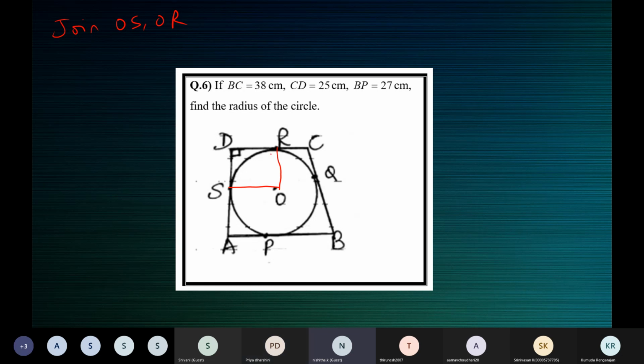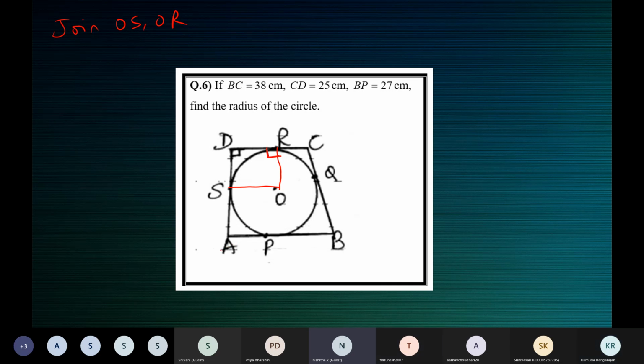OR equals OS. Since we just have 5 minutes left, let me prompt so that you can complete it. Yes, you're right, Priyadarshini. OR is equal to OS. Let me prompt and you will give me the reason. Is this angle 90 degrees?